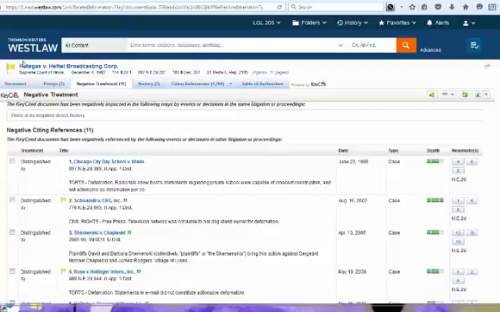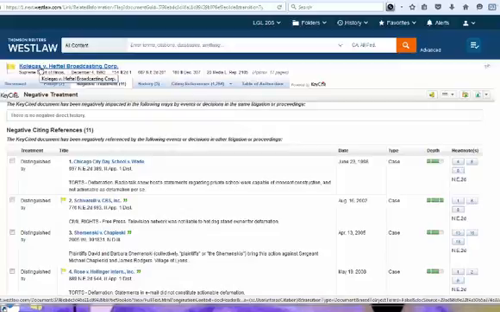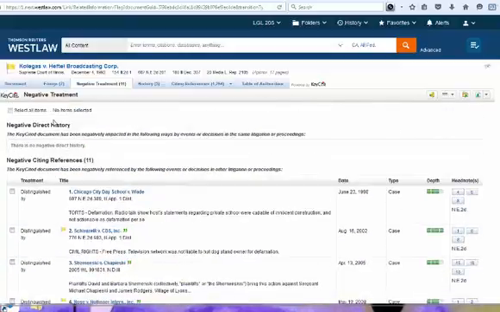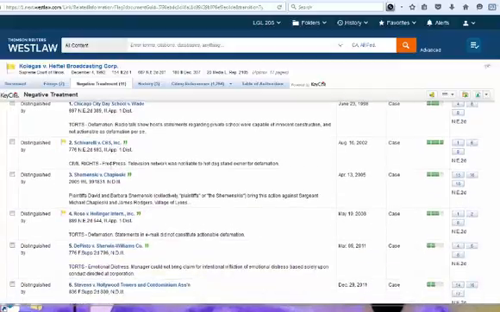So there will be decisions. The Coligas v. Heftel Broadcasting Corp. case was negatively treated by all these other cases. Negative direct history would have been, it got overruled by a federal district court or something. But negative citing references will say, and distinguished by, meaning these cases, Illinois Federal Court.